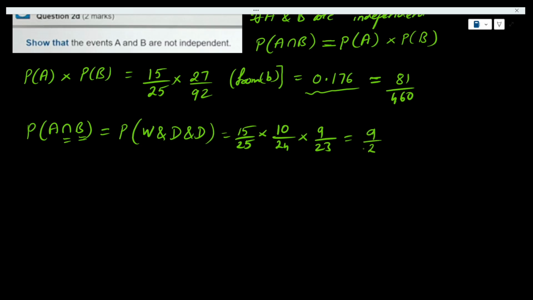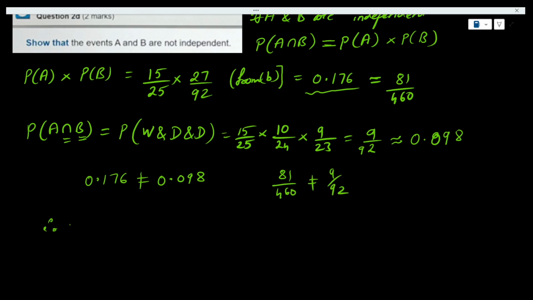Now 9 by 92, what will be the approximate decimal value here? It is approximately 0.098. Now if you see both the values, 0.176 is not equal to 0.098, or you can write 81 by 460 is not equal to 9 by 92, right?